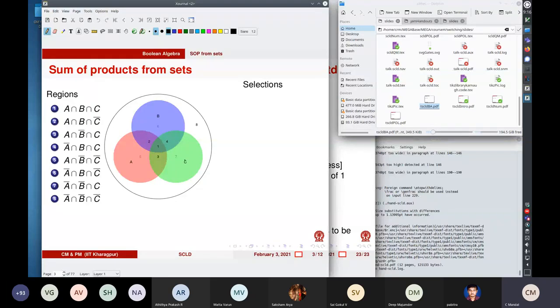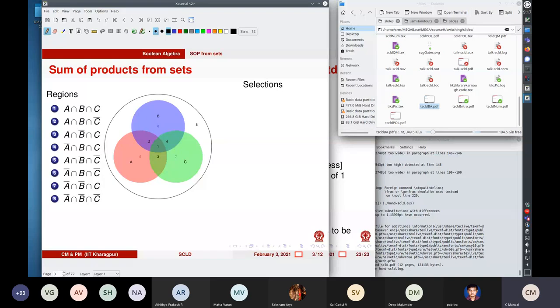Okay, we are referring to these regions. We are marking various regions.